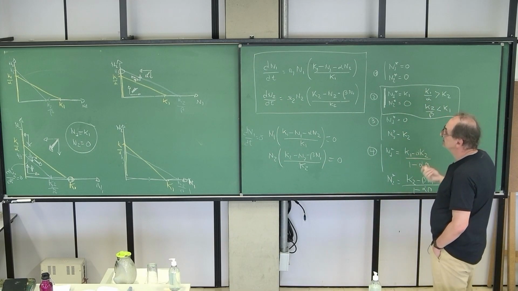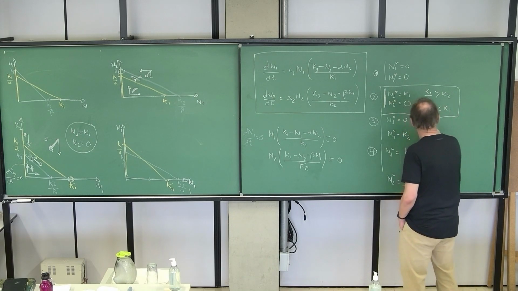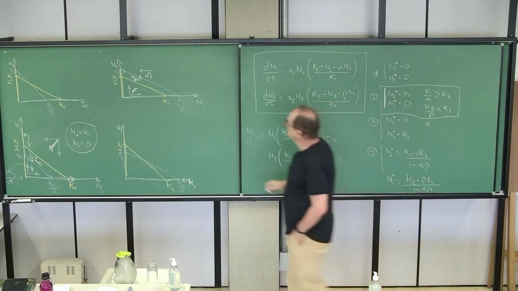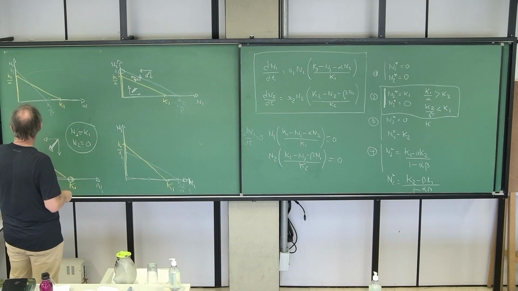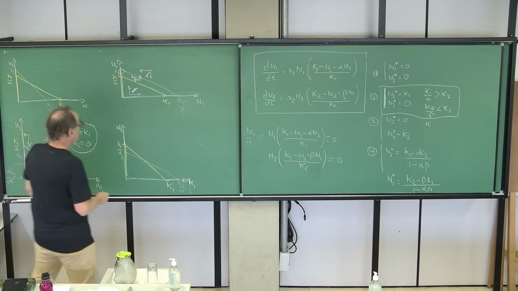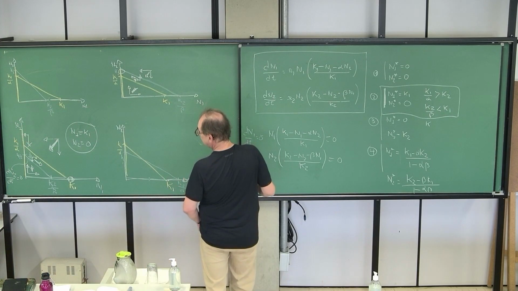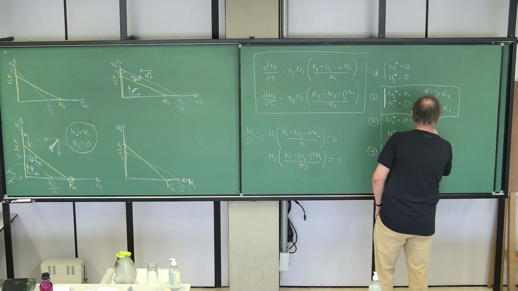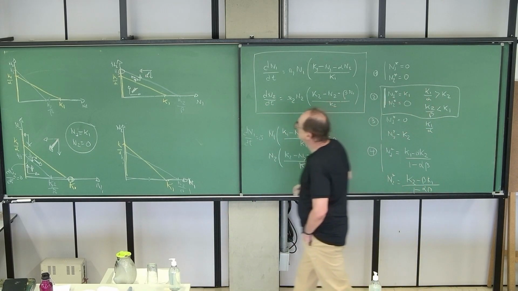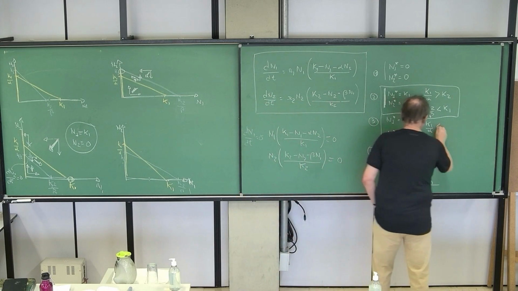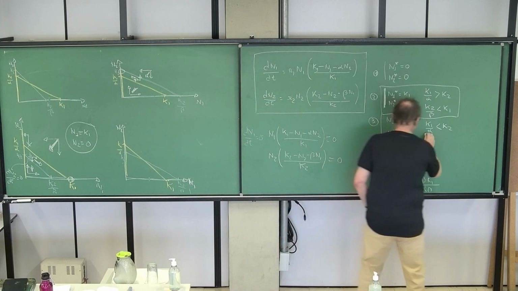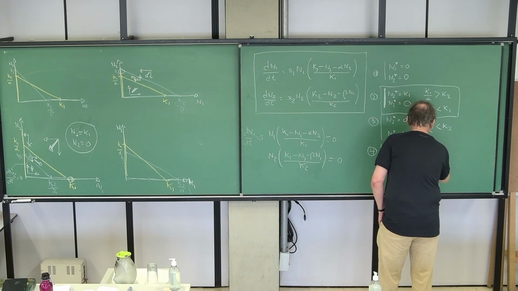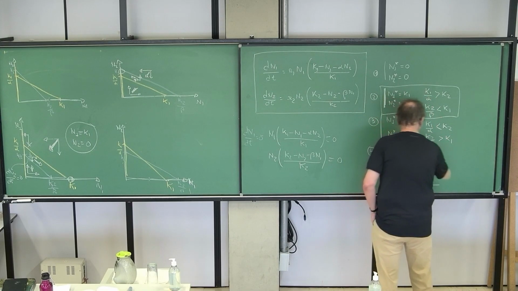I mean, what happens is this case here. And in order to have this plot, we had K1 over alpha smaller than K2, and K2 over beta bigger than K1.